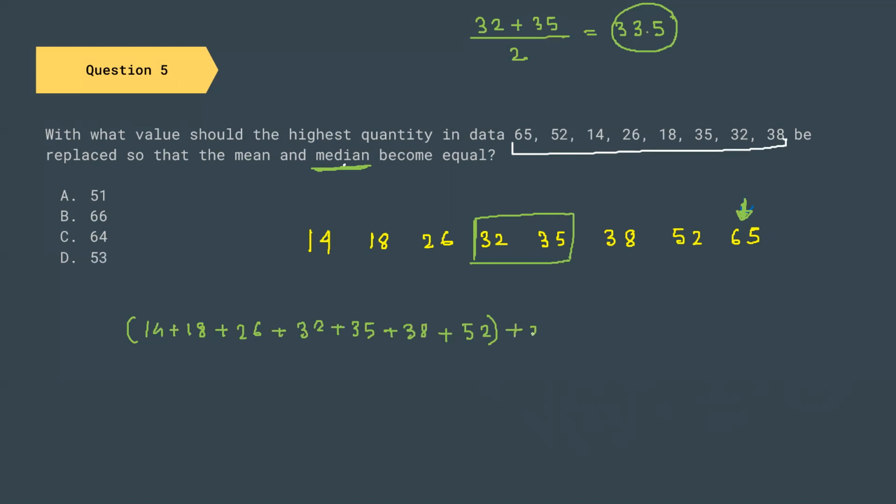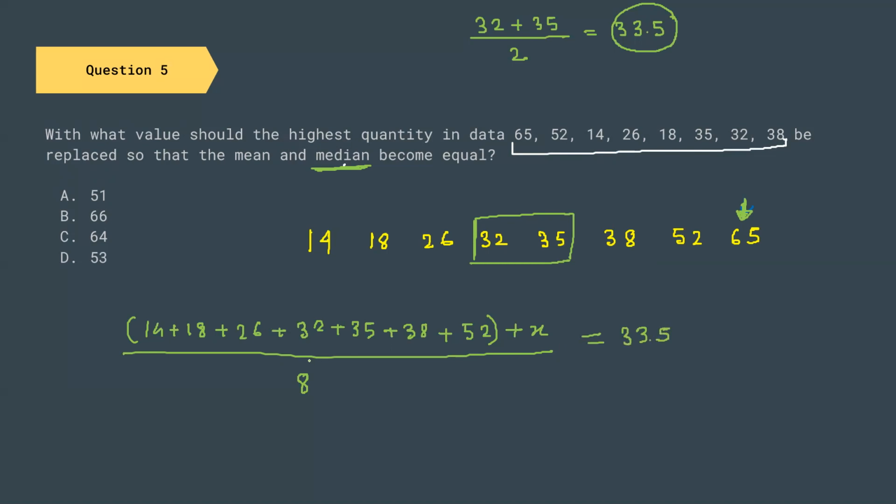So I will be writing here x, and we have to divide by the number of data points we have. There are a total of 8 data points, so I'm going to write 8. And we know that we have to make the mean and the median equal, so this will be equal to 33.5.